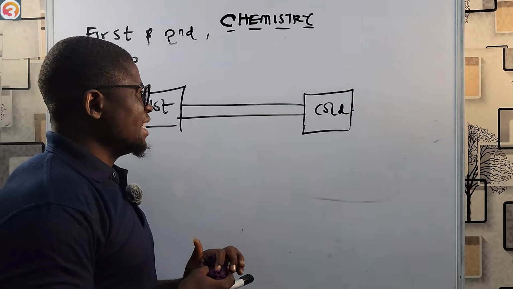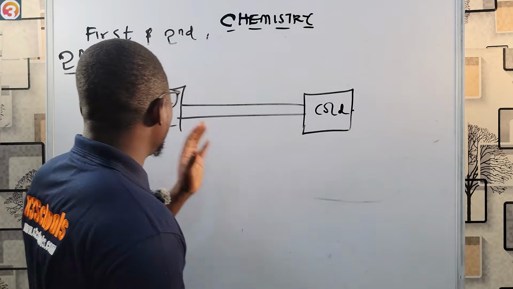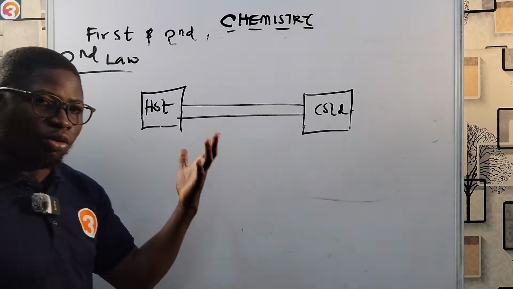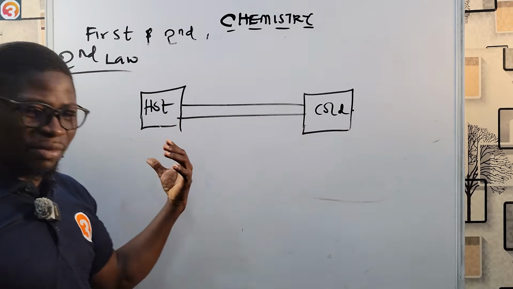What is the direction of flow of heat? The direction of flow of heat will always be from hot to cold, not from cold to hot. Heat will always flow from high temperature to low temperature, and not the reverse.